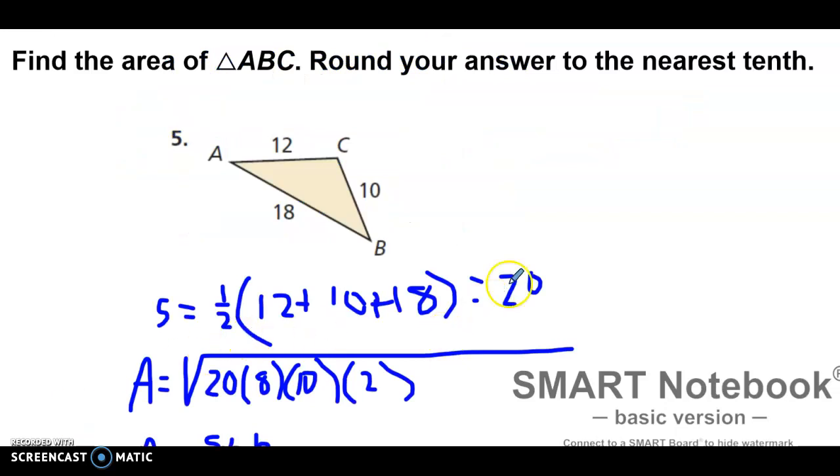Let's do the problem in your notes. So find the area of ABC, round your answer to the nearest tenth. First thing you're going to do is solve to find the semi-perimeter. 12 plus 10 plus 18 divided in half is 20. Now, if you think about this, you could have gone 6 plus 5 plus 9 and gotten 20 also.